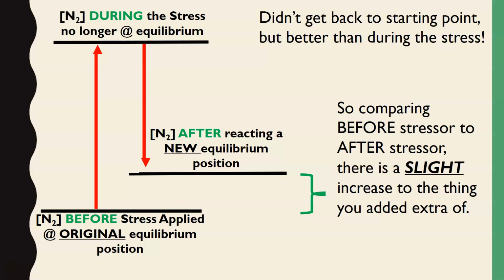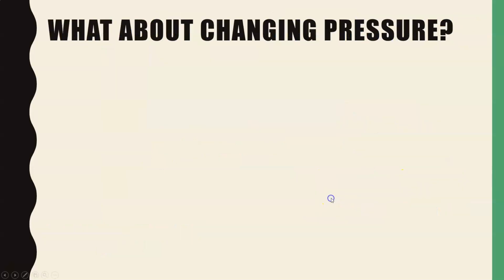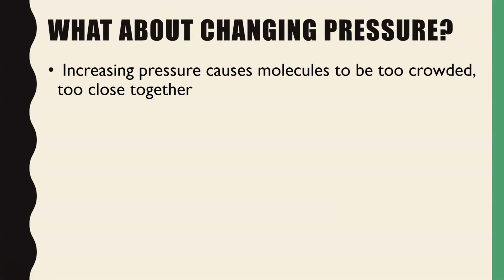Some people have good luck with actually sketching this on their paper in the beginning, and eventually you'll get pretty used to this. So let's talk about changing pressure for a minute. Increasing the pressure causes the molecules to get crammed tighter together, right? They're now closer together. And so if you can reduce the number of moles of gas, you will relieve some of that pressure and you'll give them a little bit more space.